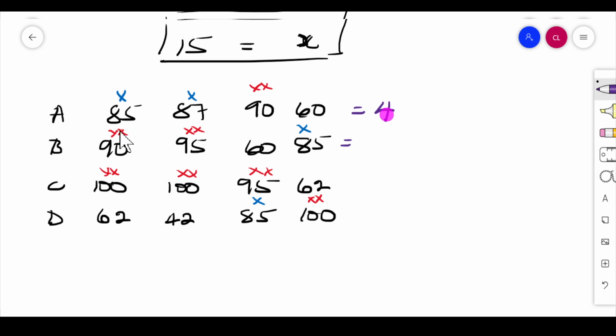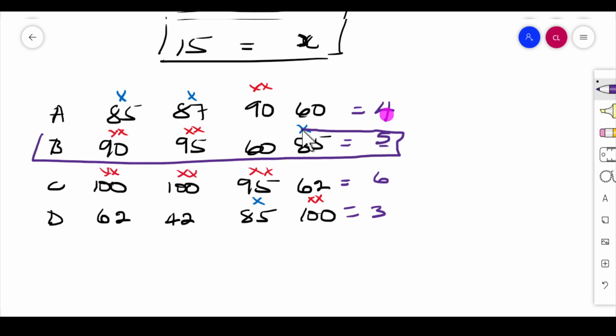Here we have 1, 2, 3, 4, and 5. So this has 5 stars. Let's check the others. This has 1, 2, 3, 4, 5, and 6, not this one. And this one only has 3. So our answer should be B.